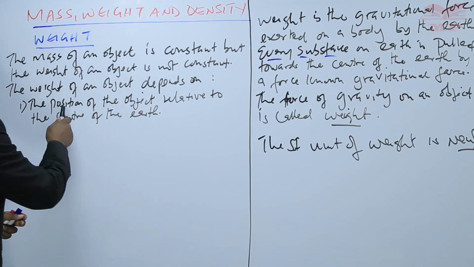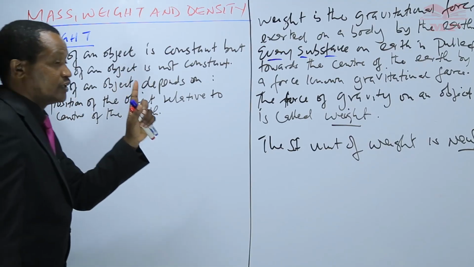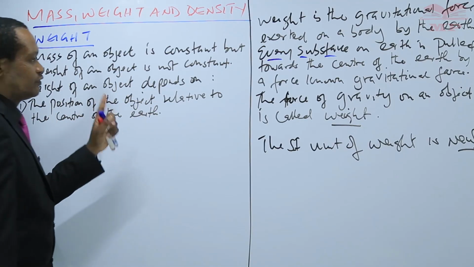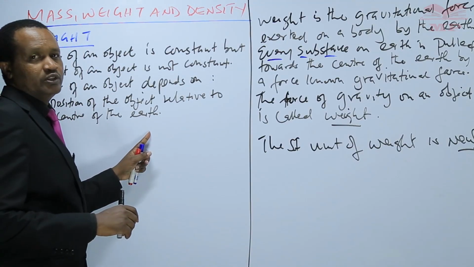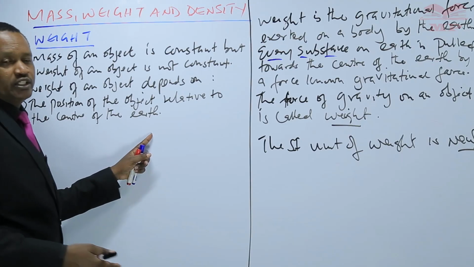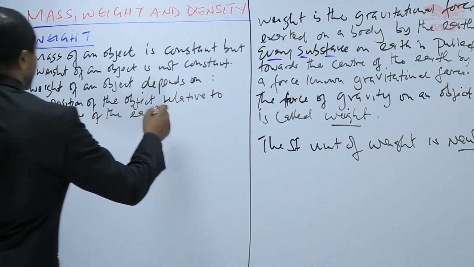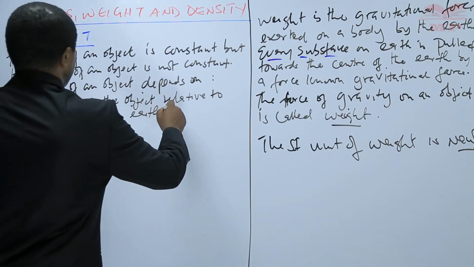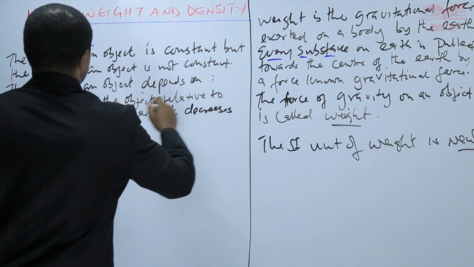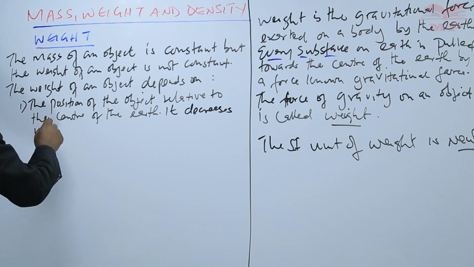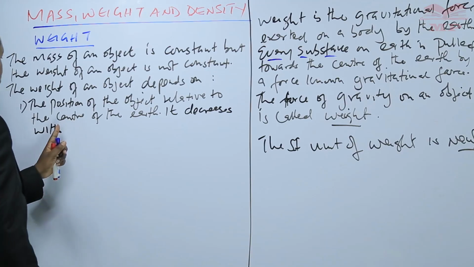So the weight of an object depends on the position of the object relative to the center of the Earth. If an object is far away from the Earth, then it will weigh less compared to when it is closer to the center of the Earth. So you can write: it decreases with the position of the object relative to the center of the Earth.